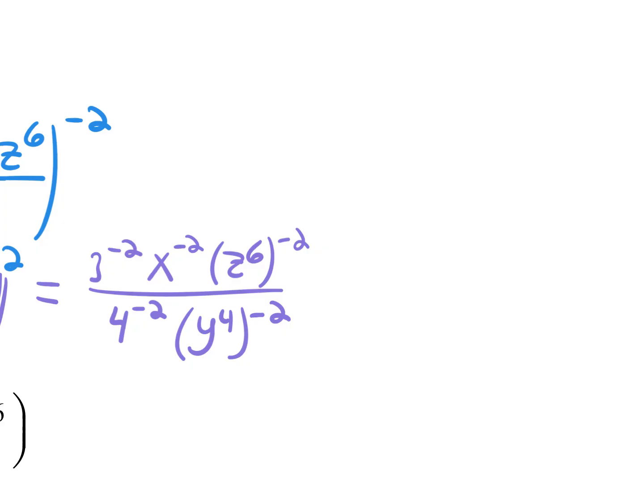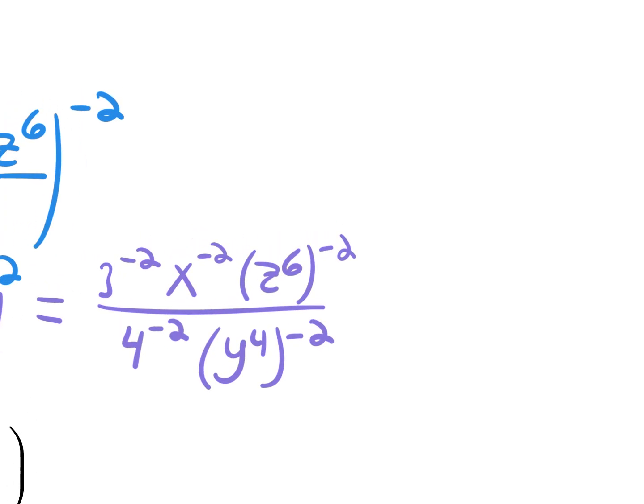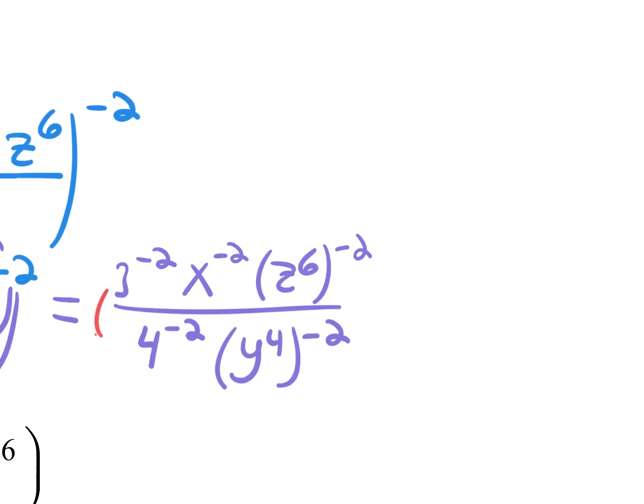Okay, so you can move your negative exponents. Nothing wrong with that. So everything that has a negative exponent on top can go to the bottom, and then that can move to the bottom, that can move to the top.